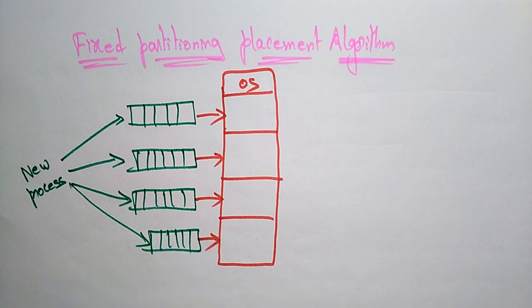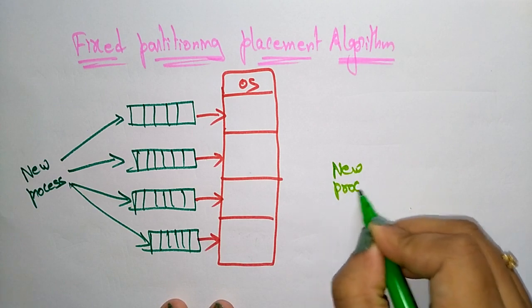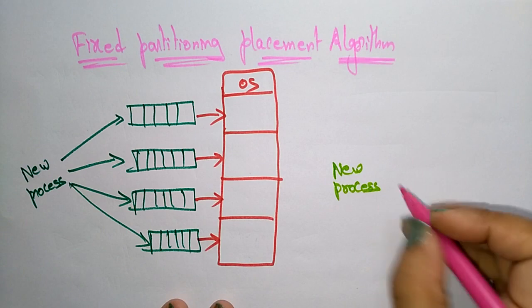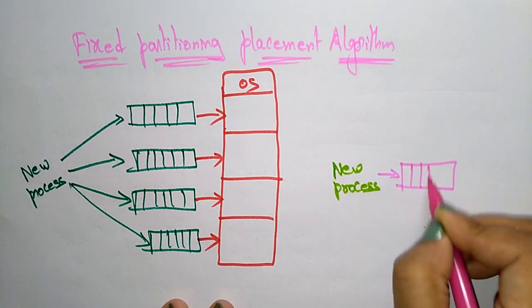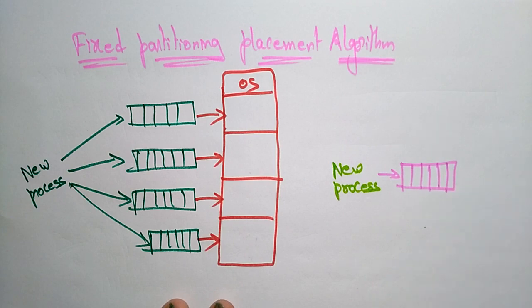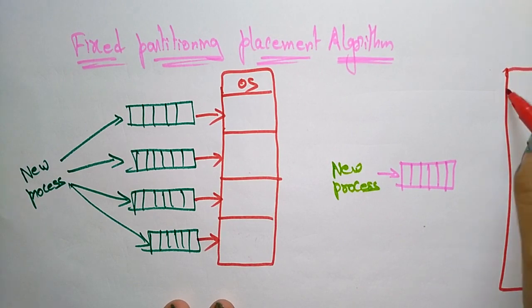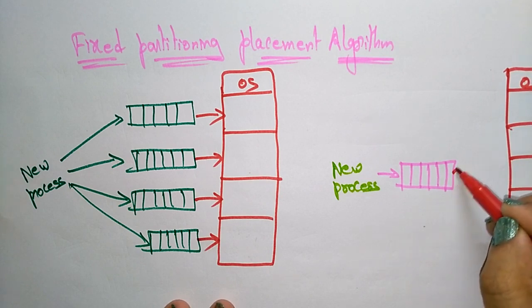If you take a single queue, let me draw that also. For the new process, you take only a single queue, and this single queue occupies all the partitions.